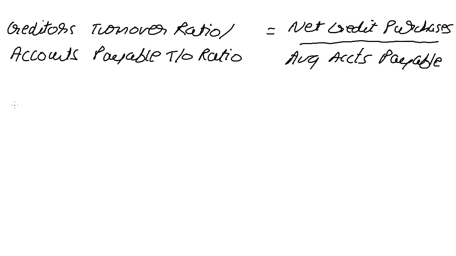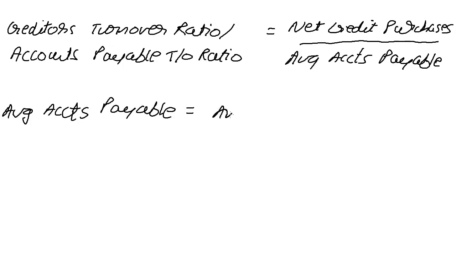And this average accounts payable is equal to average creditors plus average bills payable.